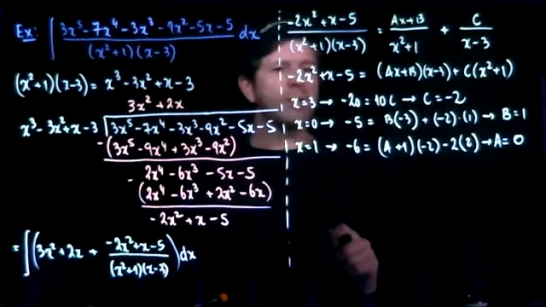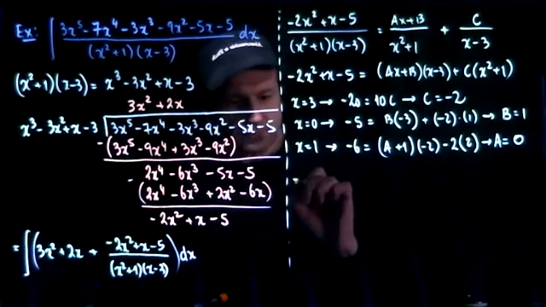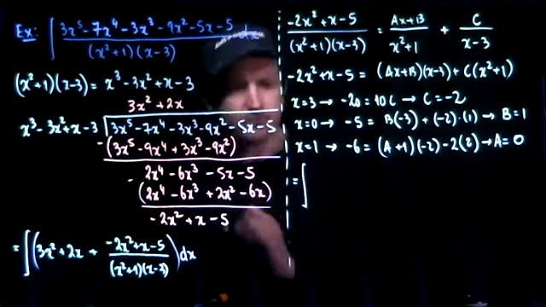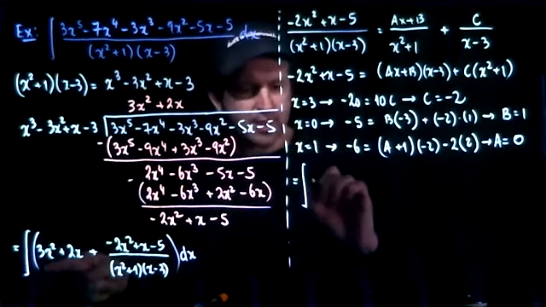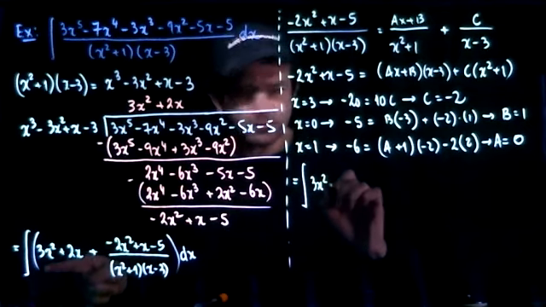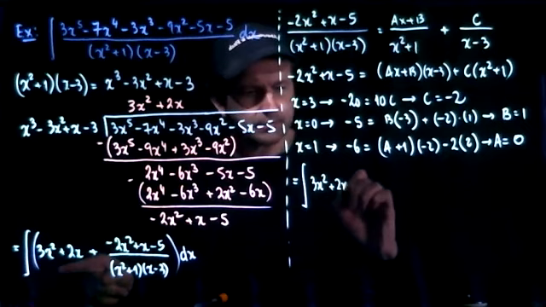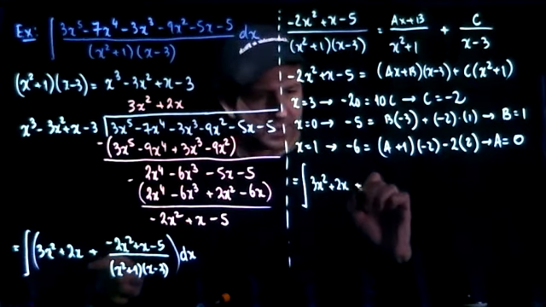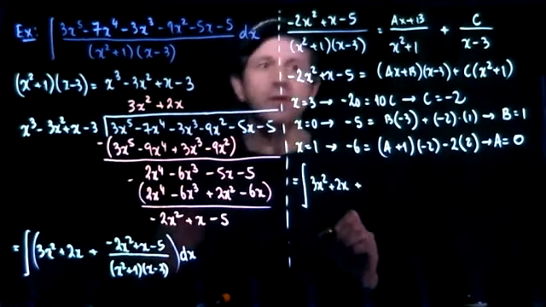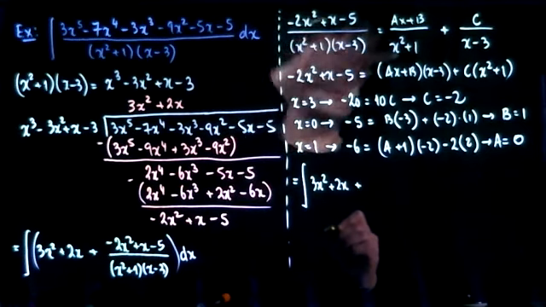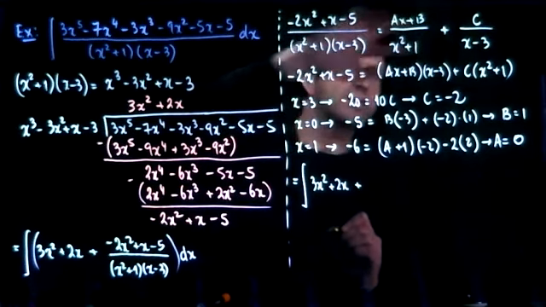Okay, so now I could rewrite my integral. So I have 3x2 plus 2x plus, and now this fraction here, I could write using this.